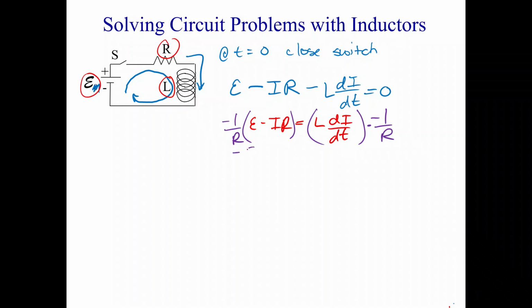That gives me negative E over R plus I is equal to negative L over R dI/dt.